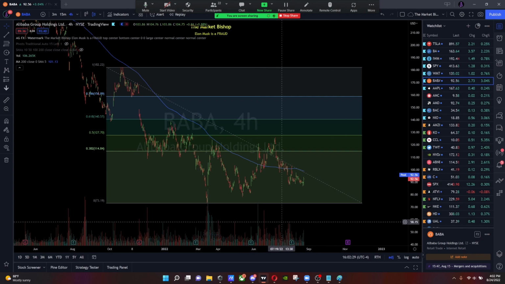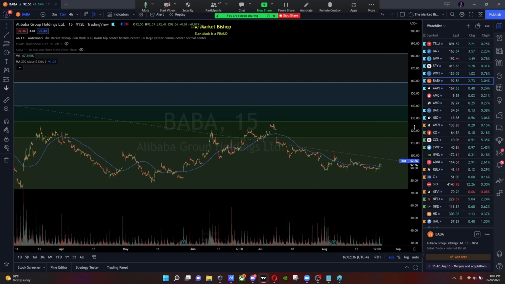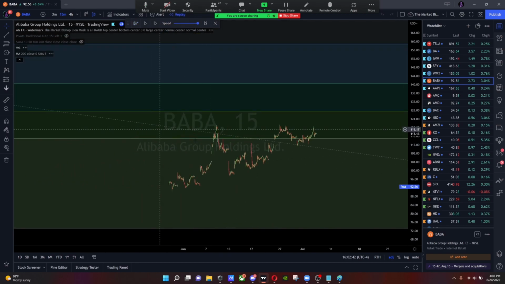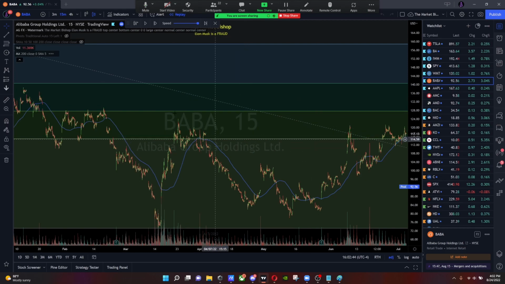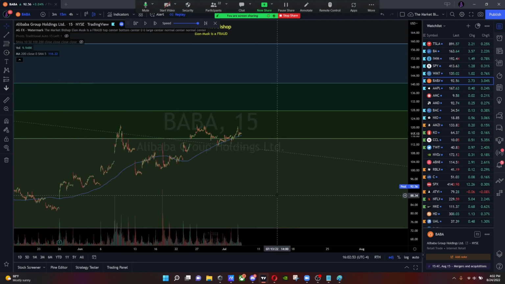Now, if we go to the 15-minute chart, and we're looking at the current trading day, we drew this Fibonacci on the 4-hour chart, on a bigger time interval. Now, how do we bring that into a smaller time frame, or basically day trading?